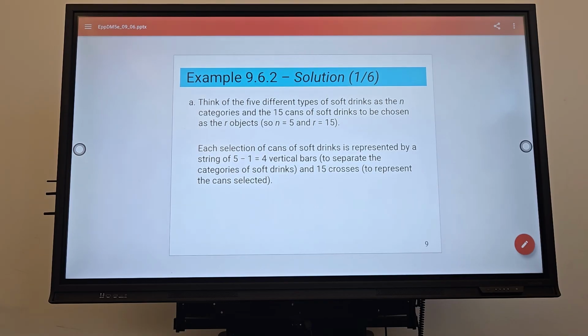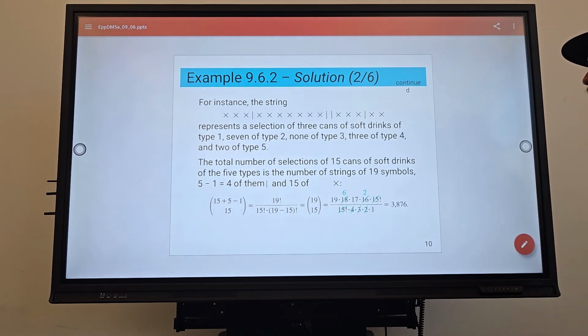Each selection of cans of soft drinks is represented by a string of 5 minus 1, or 4, vertical bars to separate the categories of soft drinks, and 15 crosses to represent the cans selected. For instance, this string here represents a selection of 3 cans of soft drinks of type 1, 7 of type 2, none of type 3, 3 of type 4, and 2 of type 5.